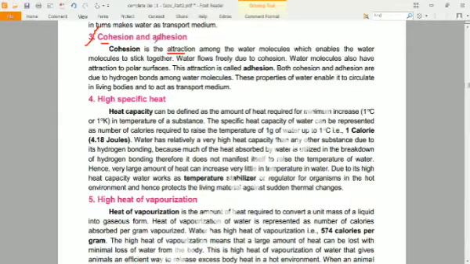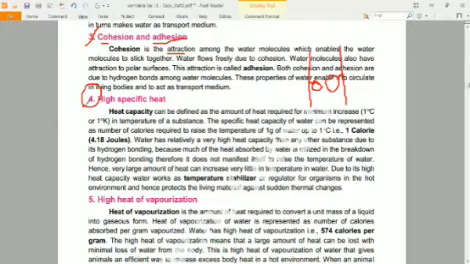But it also has the adhesion quality. Adhesion means the contact or attraction of water molecules with the container, and with polar molecules, or other molecules as well. So these two qualities of water make the water run, flow, and move easily.